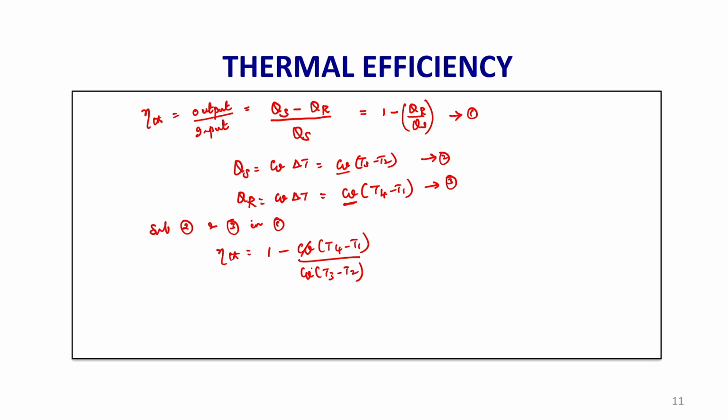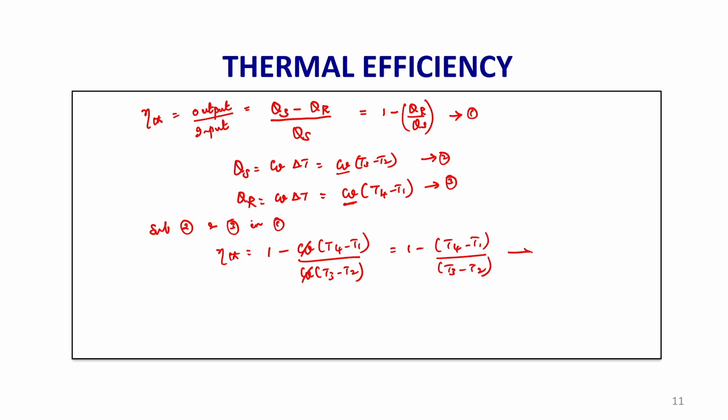So, CV and CV will get cancelled, you will get 1 minus T4 minus T1 divided by T3 minus T2. Here I have expressed the thermal efficiency or the air standard efficiency in terms of temperatures T1, T2, T3 and T4. So, let this be equation number 4.